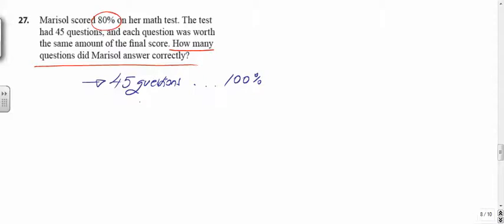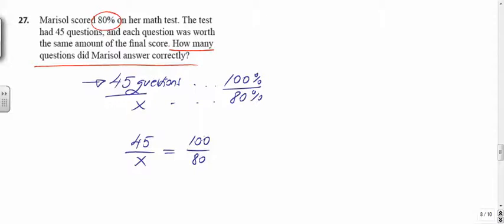Well, how many questions, X questions, answered correctly gave Marisol an 80% score? Well, this is your proportion: 45 over X is 100 over 80.